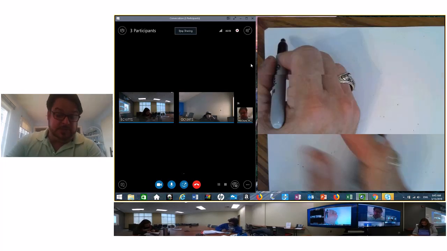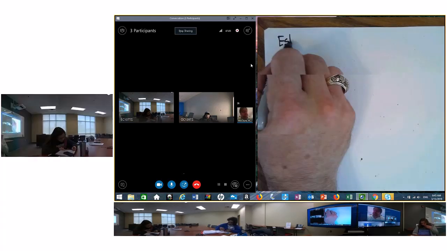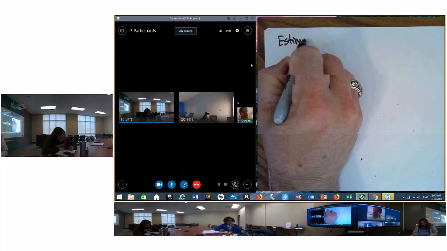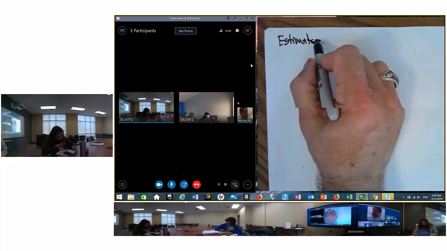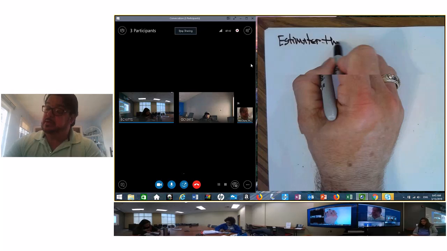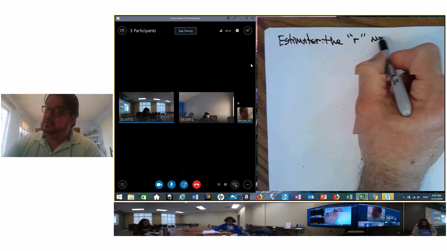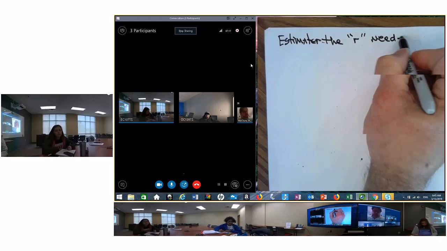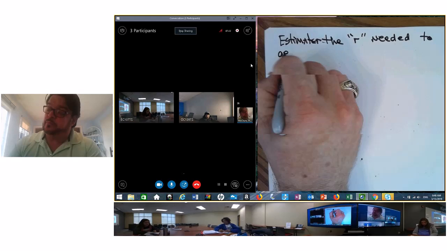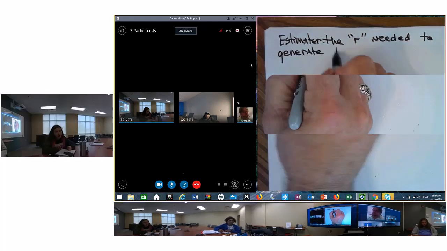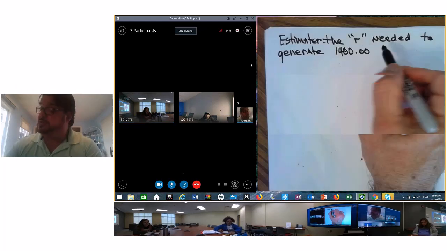It says estimate the R needed to generate $1,400 each month in interest.